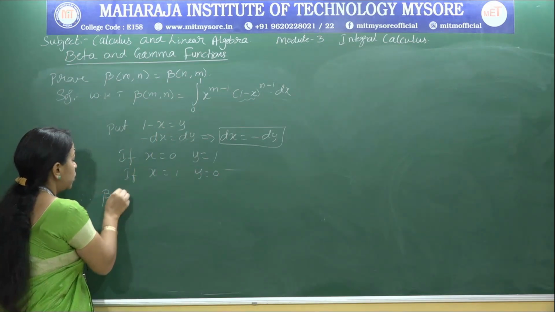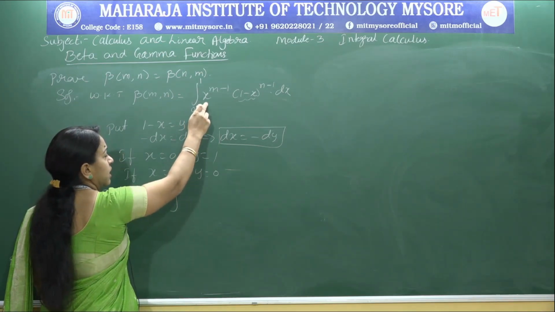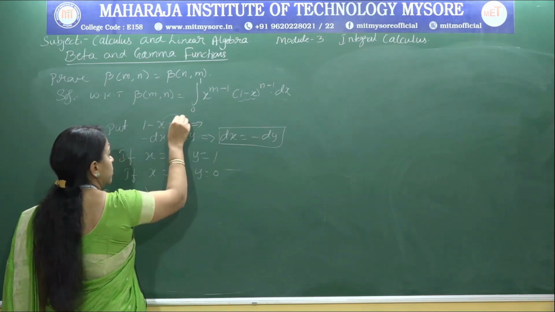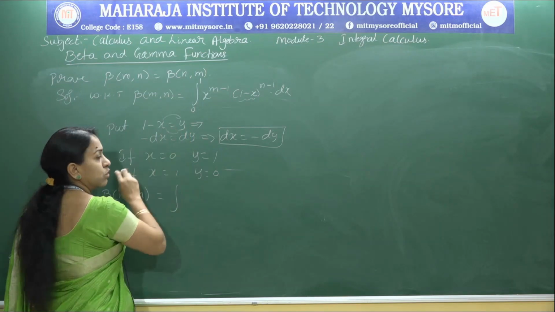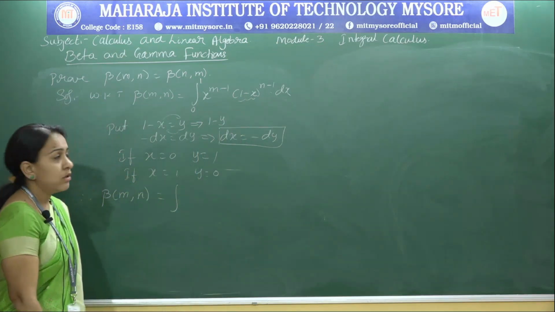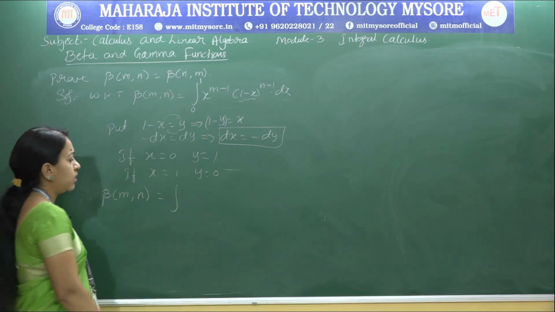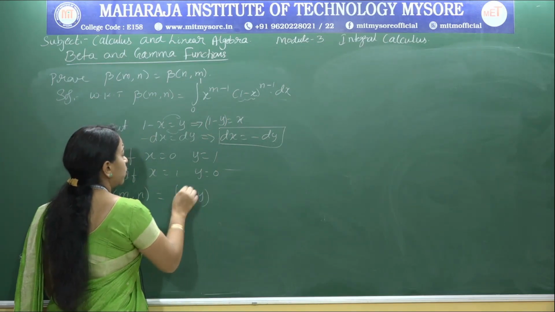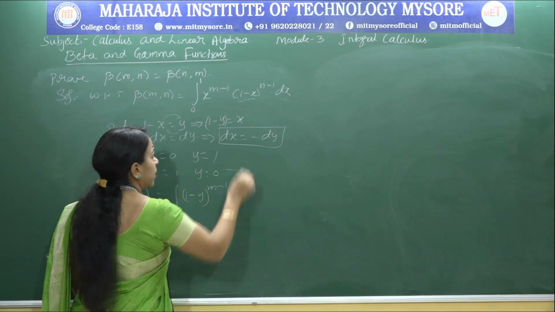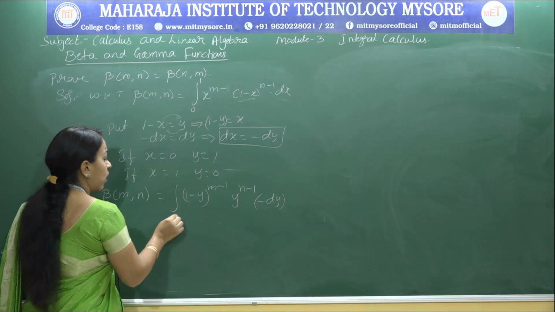Therefore, the above equation reduces to beta m comma n equal to integral of, so what is our x? X is nothing but 1 minus y. So wherever I have x, that can be replaced by 1 minus y. So that is 1 minus y whole to the power of m minus 1. 1 minus x is nothing but y to the power of n minus 1. dx is minus dy between the limit, yes, 1 to 0.